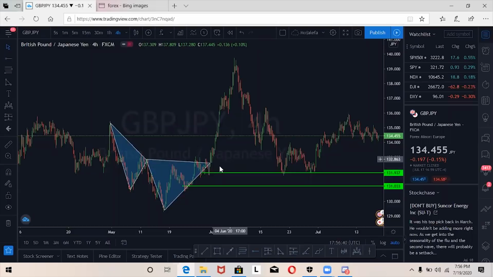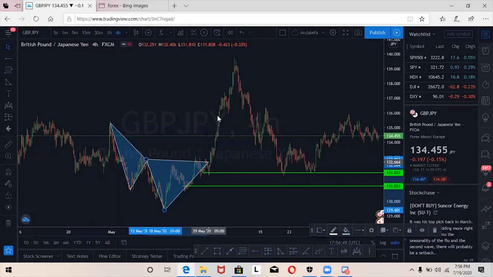So your first take profit must be at a level at least at the same level as your left wing, which is going to be here.